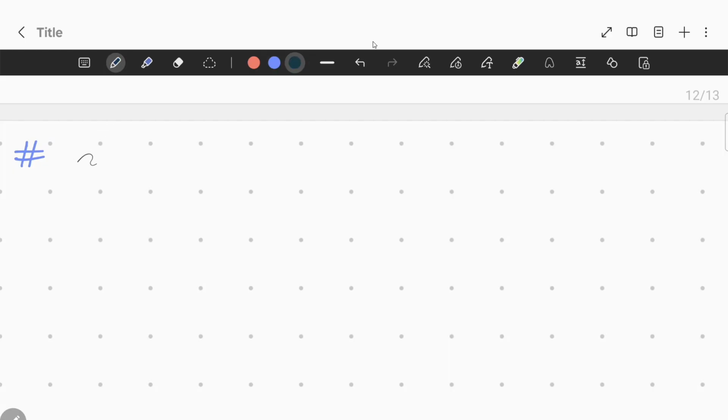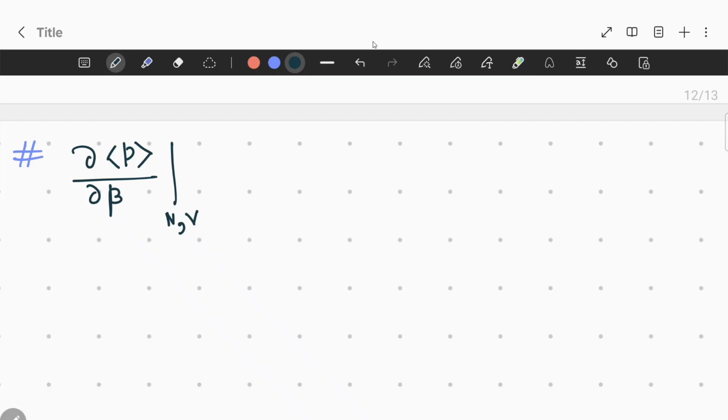What will be del P average by del beta? We calculated E average, no, sorry, now P average. This I am just calculating. So what will be this? Just do it. It is sum over J Pj e to the power minus beta Ej by Q.